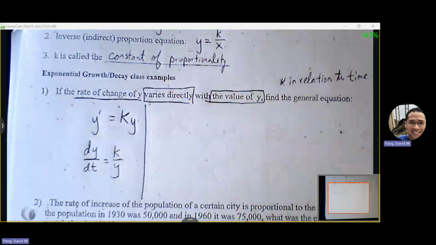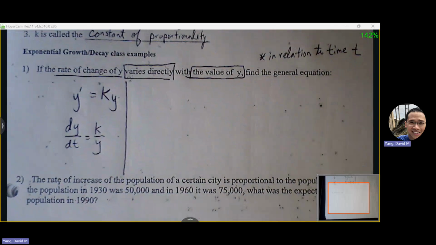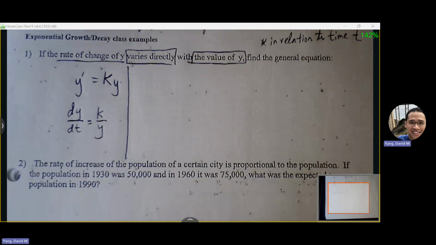So no longer are we going to be using x here. Anytime there's like a word problem, it's usually time that's pushing the problem forward. So if there's time involved, our independent variable is always time.